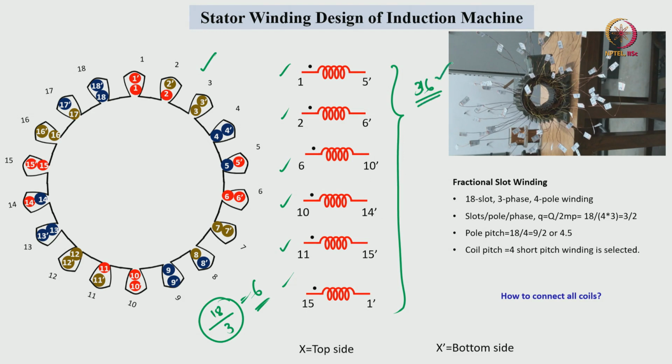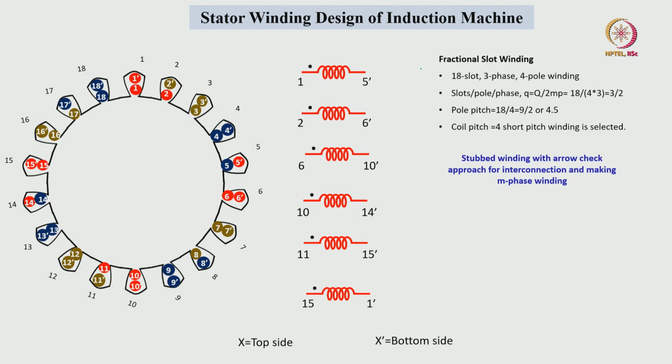So, these 36 terminals we have to connect in such a fashion that we will get the 3 phase 4 pole winding for symmetrical operation. So, how do we connect all these 18 coils with respect to the 36 terminals? We have to follow the stubbing approach with arrow representation.